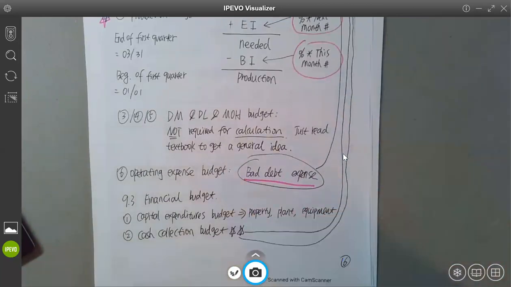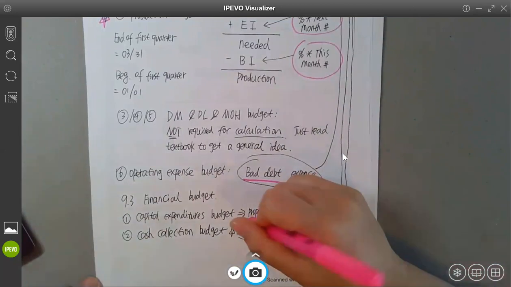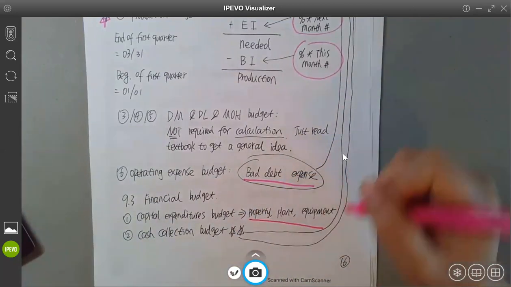The first budget we will do is the capital expenditure budget. You only have this when you have long-term assets. When you are going to buy a car, a truck, equipment, land, you only have this budget. When you buy material or inventory, that is not a capital expenditure budget.